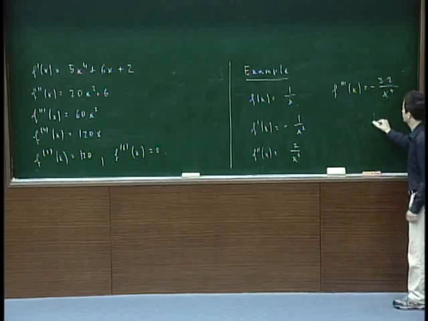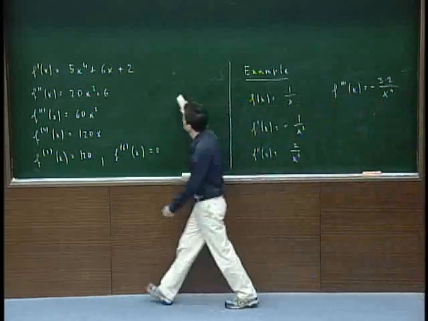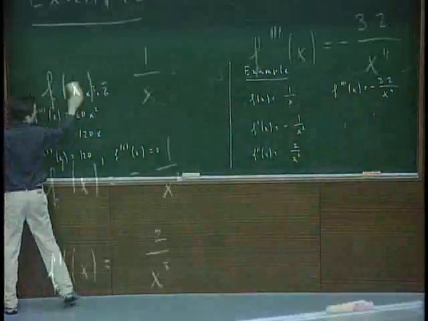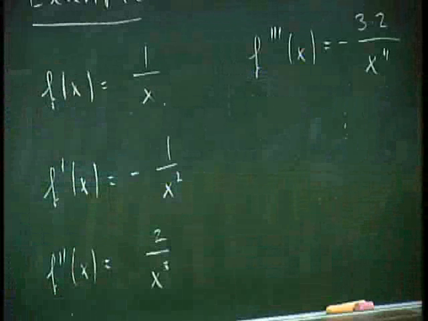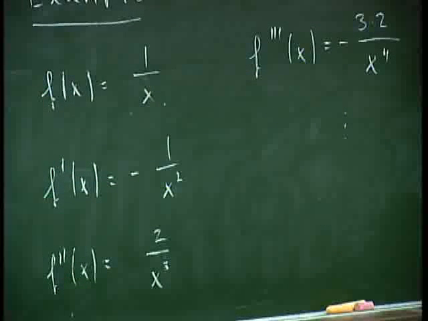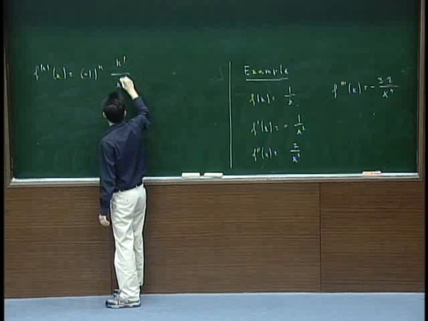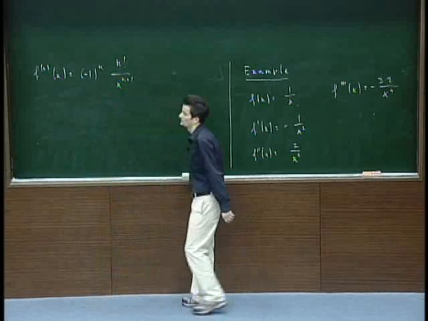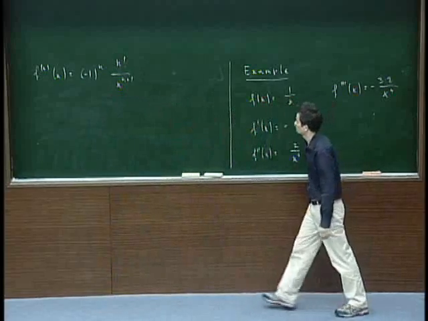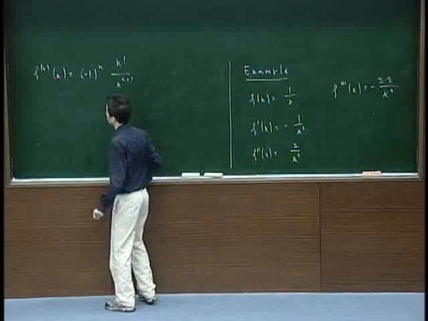So from here you can already guess what the rule for the nth derivative is. You see that the nth derivative is equal to minus 1 to the n, times n factorial, over x to the n plus 1. I guess you have learned this symbol in high school.